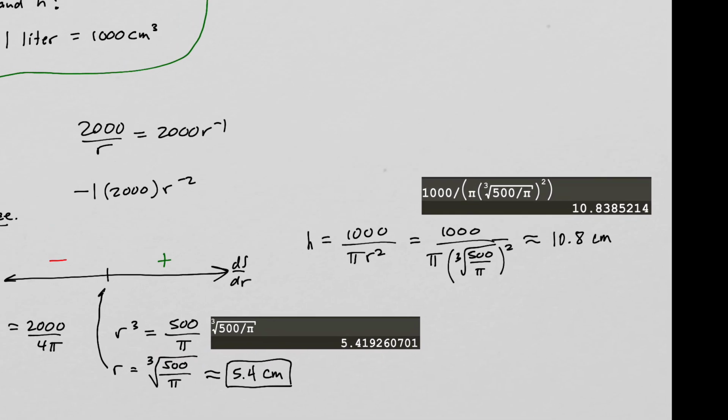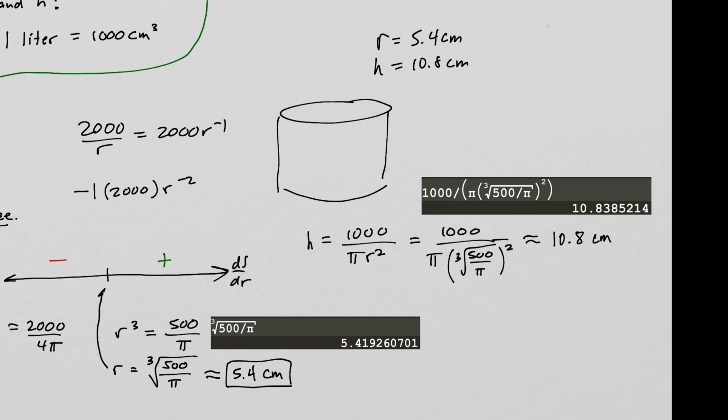So the dimensions of the can is the radius is 5.4 centimeters and the height is 10.8 centimeters. And if you think about that, this is a very square looking can because this will be 10.8 and the radius is 5.4, which means the diameter is also 10.8.